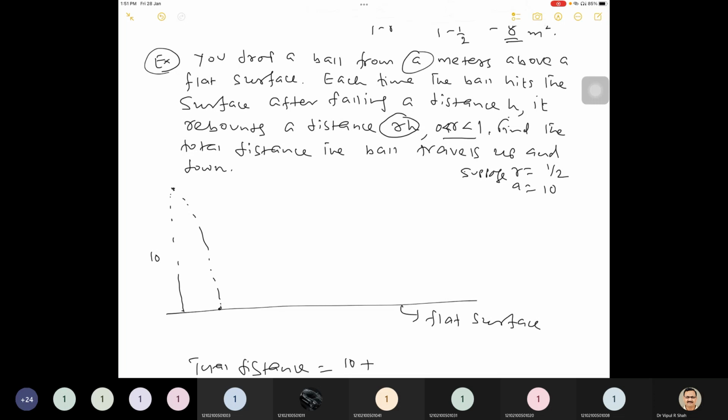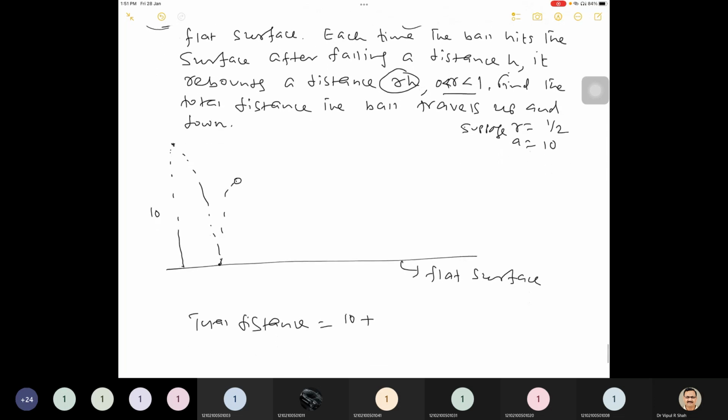So now it rebounds to 5, that is 10 into 1 by 2. So it rebounds up to here. Understand?